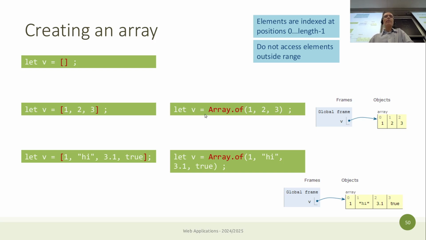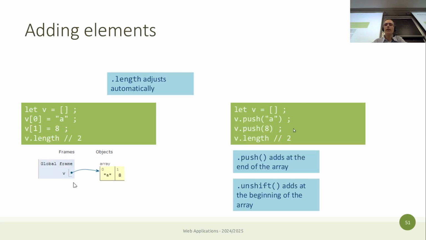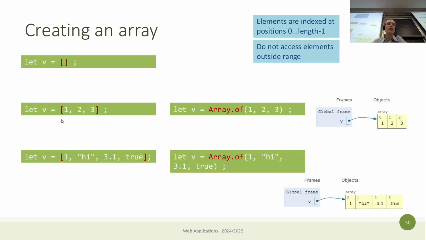What happens if you would like to create another array? First of all, you need to decide: do I want a new reference to the same array, or a copy of the array, so a new array, two independent arrays? If you would like a new reference, you use the assignment operator as we saw before, v2 equal to v.